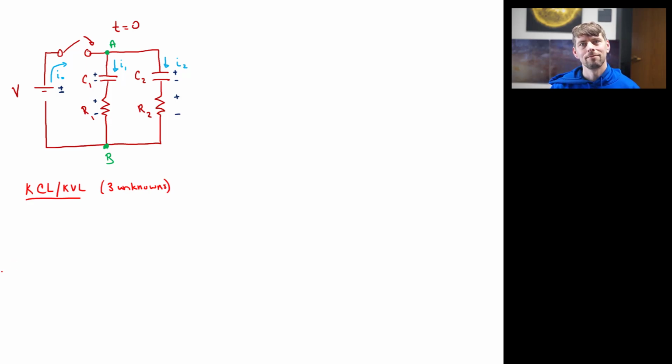KCL would say, I'll look at junction A. Remembering that because we only have two junctions, if we use one, we won't be able to use the other one. And so I can write I naught, the current coming from the battery, is equal to I1 plus I2, which seems pretty boring.